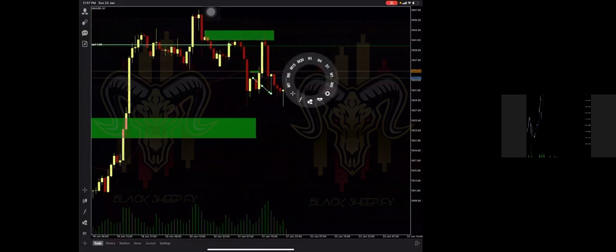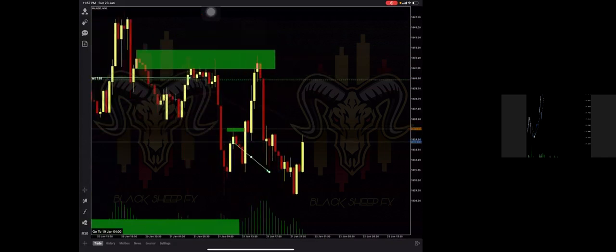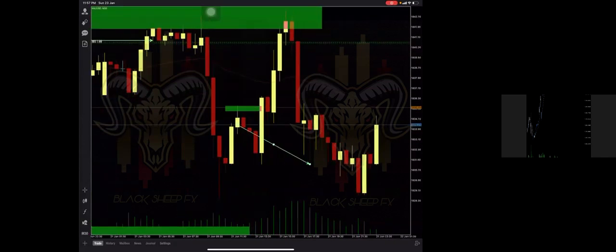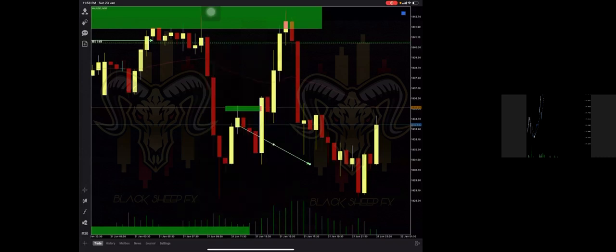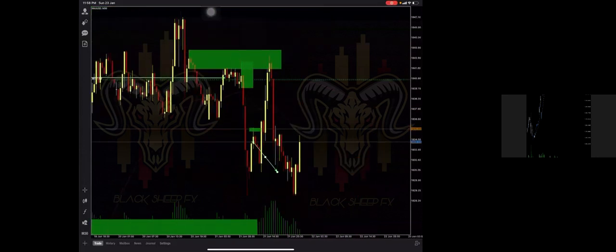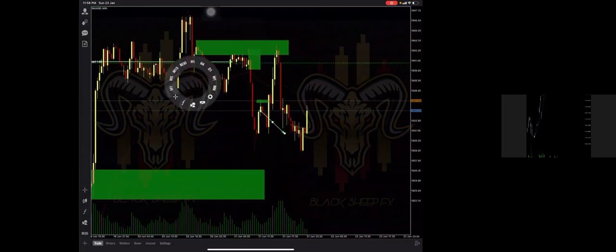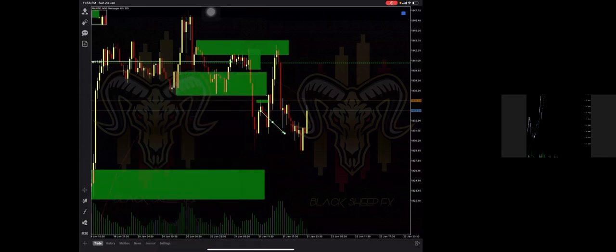If I do it at M30, you will see clearer. One engulfing sell. And on the left side over here, engulfing by one, engulfing by number two, broken.